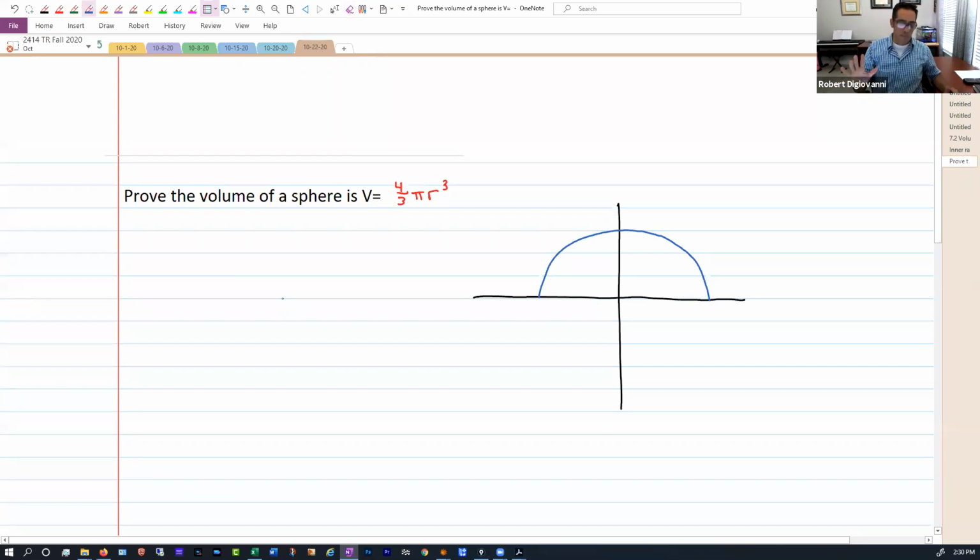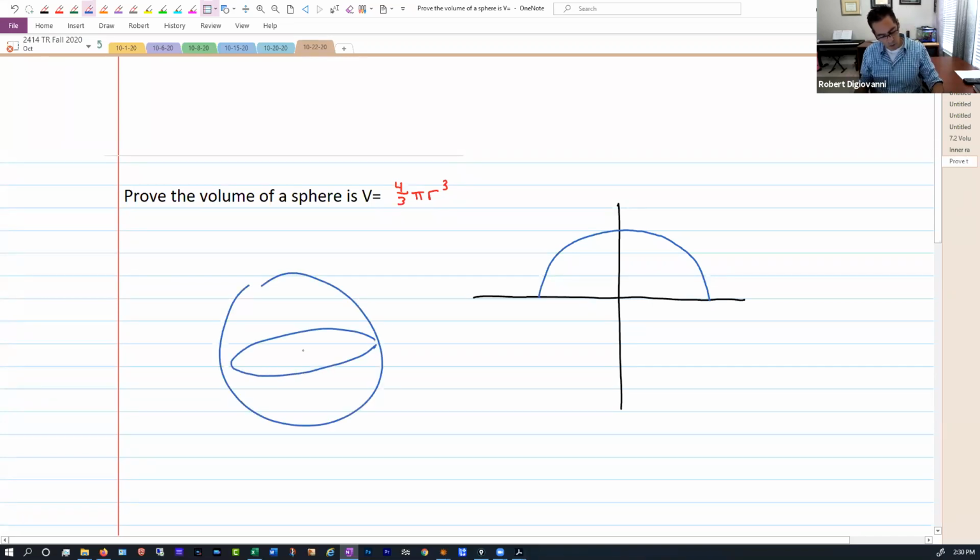First of all, a sphere of radius r has this volume, and we need to prove it. What we're talking about today is that you can take functions, and instead of looking at the area under the function, you can take that region and wrap it around the x-axis and get a volume.